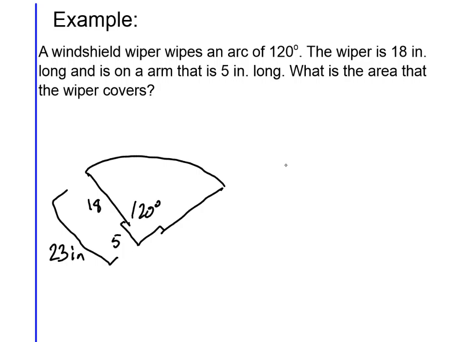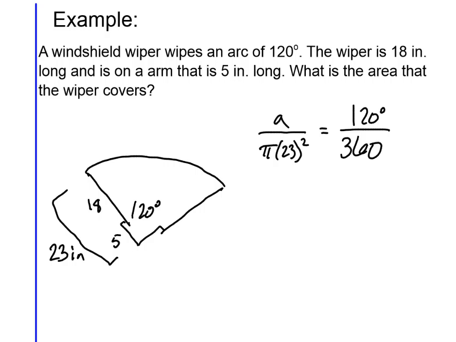Now I think I have the information I need. We know now the radius, which is 23, so pi times 23 squared, little a on top. We're given our angle, 120 degrees, and that's out of 360. Let's get rid of what's underneath the little a, so that little a would be alone, and that is a pi and a 23 squared.